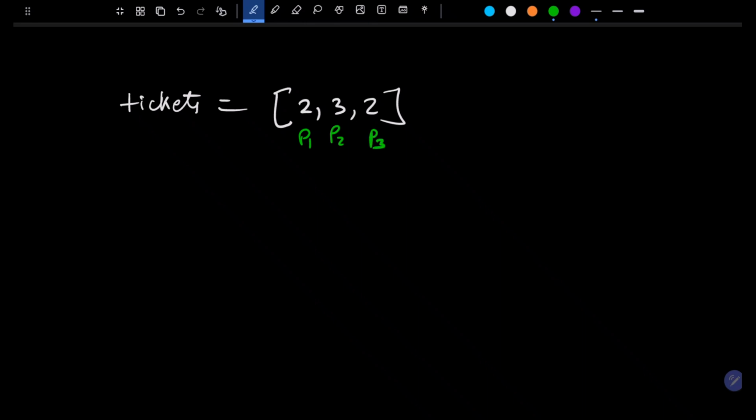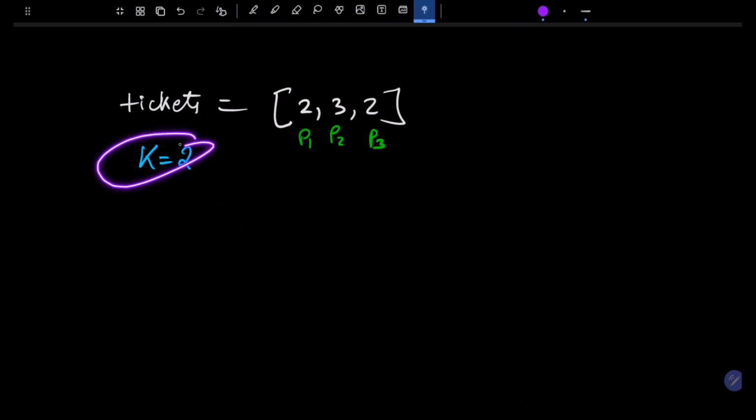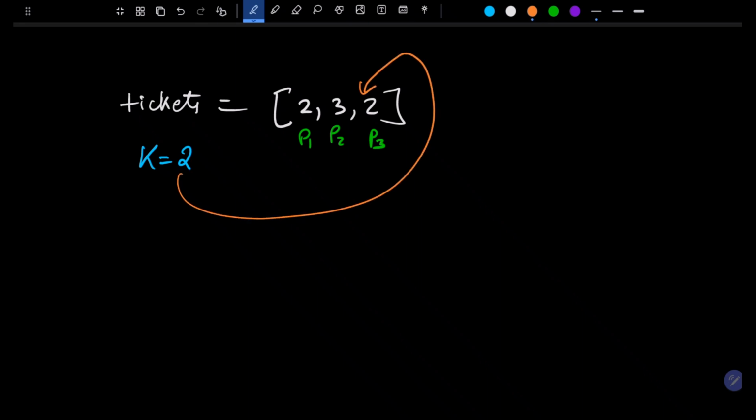And we are given an integer k. K means the second index in this example. They are asking how much time it will take for this person to buy their complete tickets.